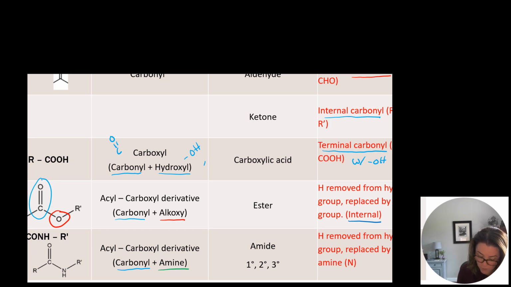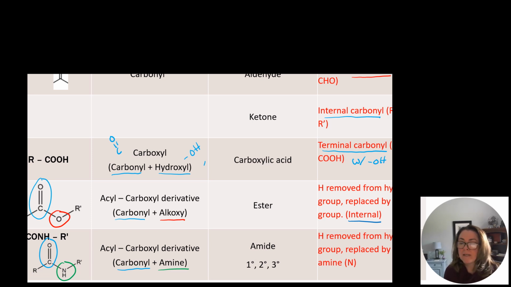So again, we know that our carbonyl is that carbon double bonded oxygen, and we just talked about amines, and so amine is a nitrogen group. Very similar to an ester, what you have here is a hydrogen removed from a hydroxyl group and replaced by an amine or nitrogen.